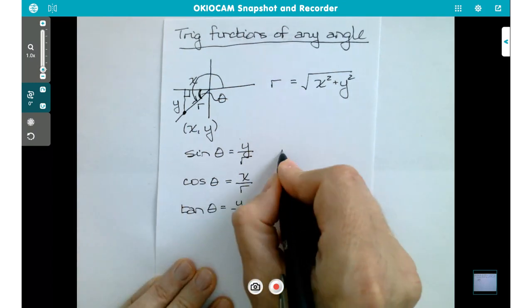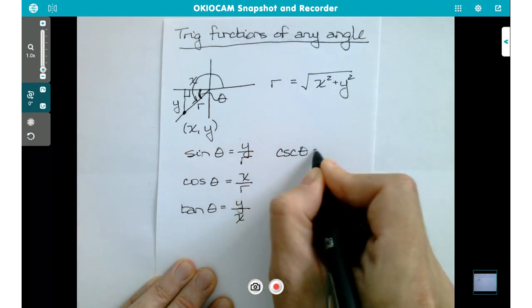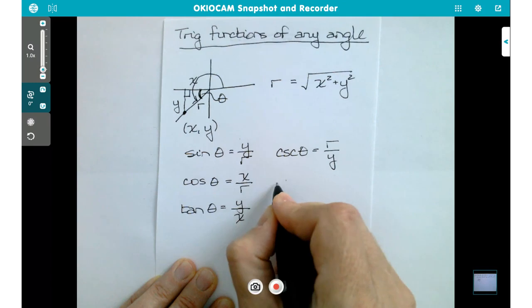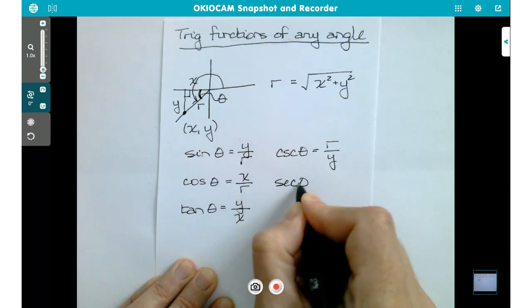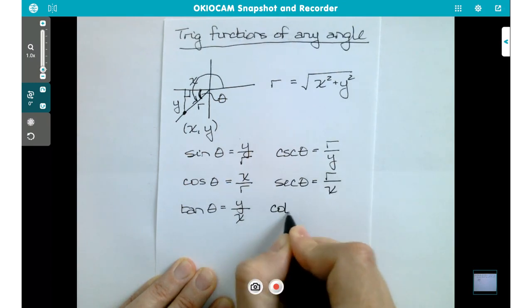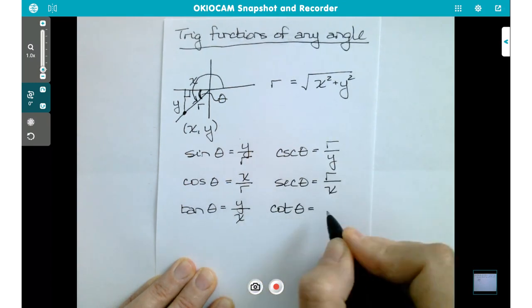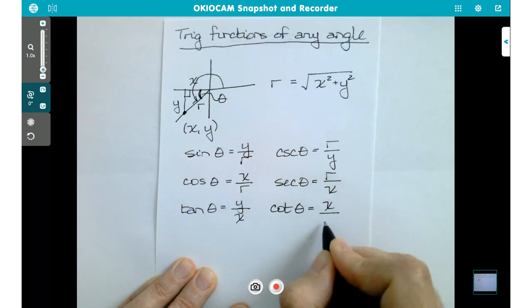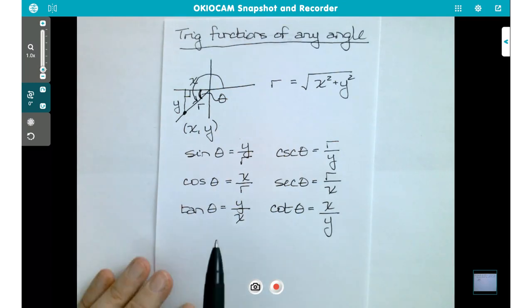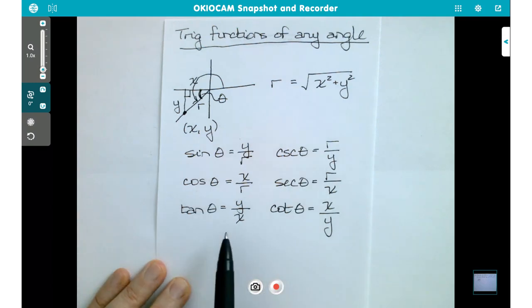And the 3 reciprocals, flip them over. And there they are. There are the 6 trig function values of my angle that happens to be in quadrant 3, but could be in any quadrant. This will work no matter what.